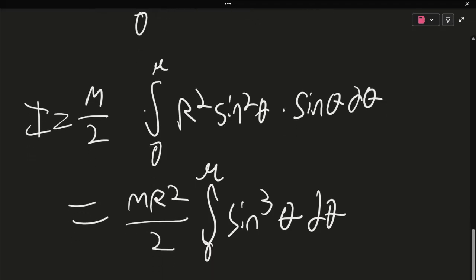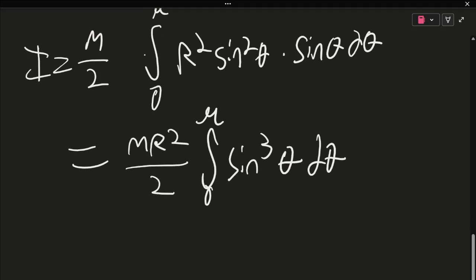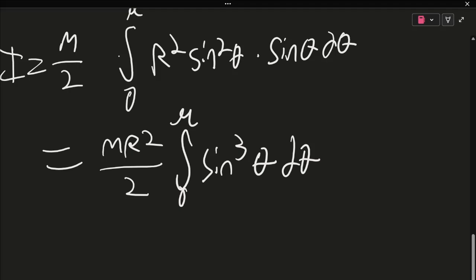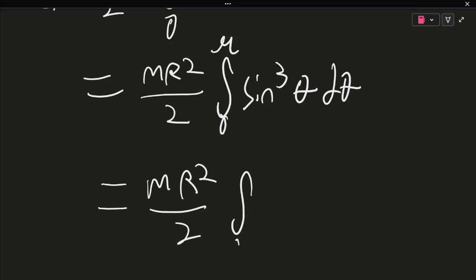And now the rest of this problem is going to be some pretty basic integration. But first we have to do some trigonometric identities. So this is going to be mass times radius squared over 2 times 0 to pi. And we're going to want to separate one of these sines out.